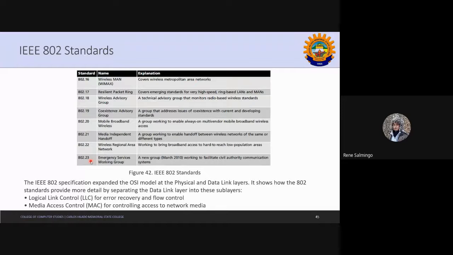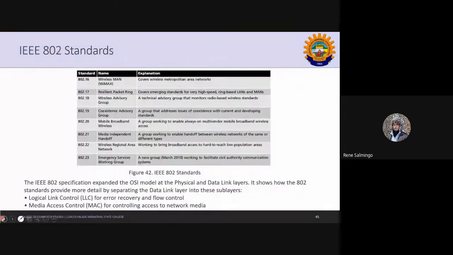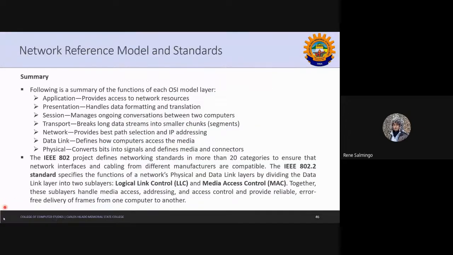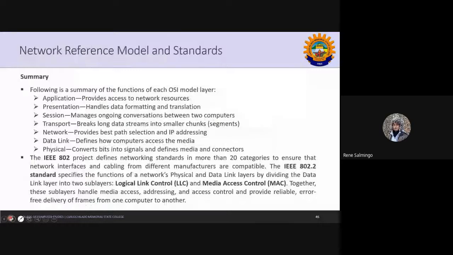Logical link control is for error recovery and also for flow control, and media access control is for controlling the access to the network media. So that's for the 802 standards.